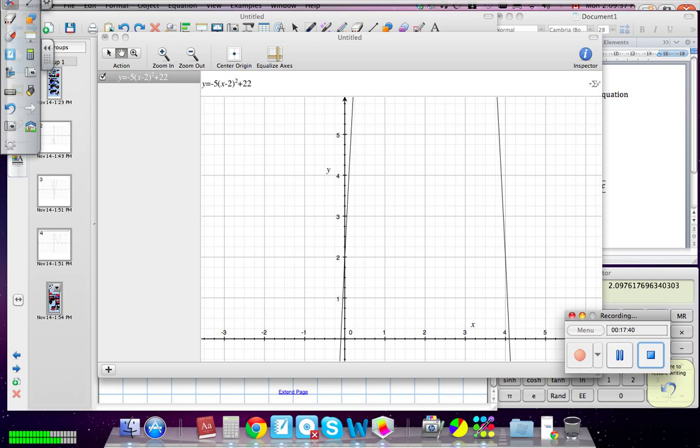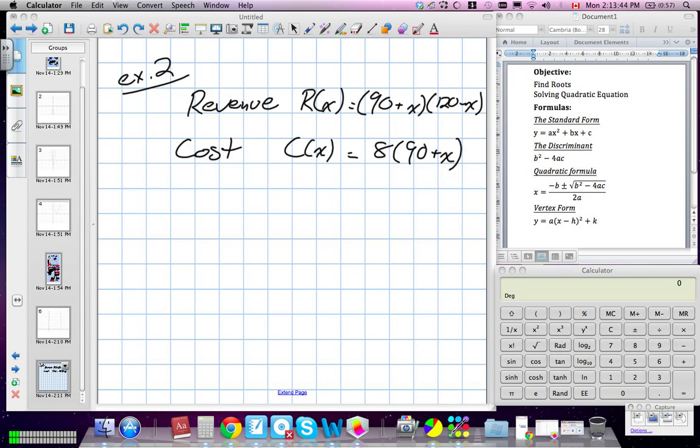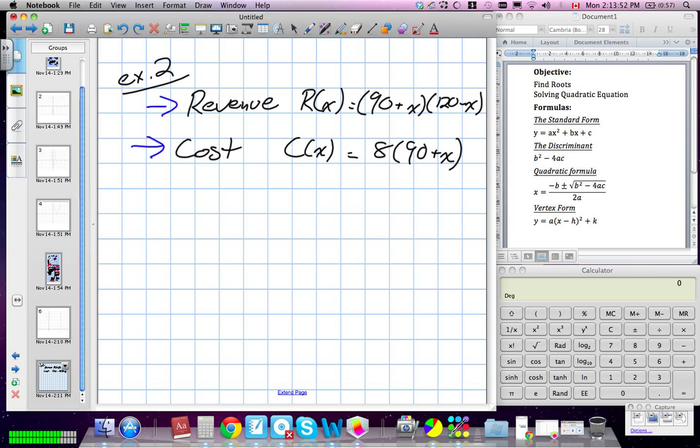Okay. So we have revenue and cost productions. They have this company, they plant trees, and the revenue of this company is modeled by this equation. The cost to this person is modeled by this equation. The question wants us to find profit.